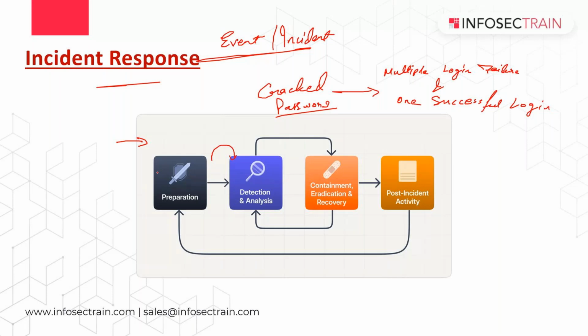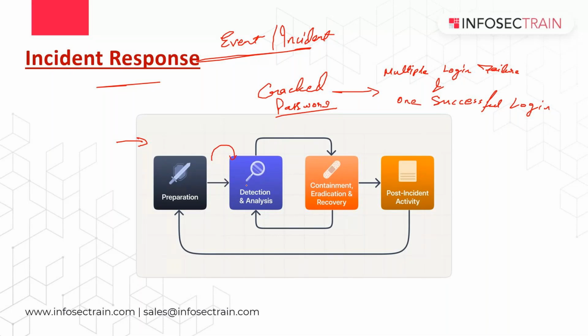If a thief is trying to enter your house, first of all, preparation would be that you have locks, CCTV cameras, and motion sensors placed. In case that thief is able to bypass your security measures like locks, what happens after that? Detection and analysis should be there.